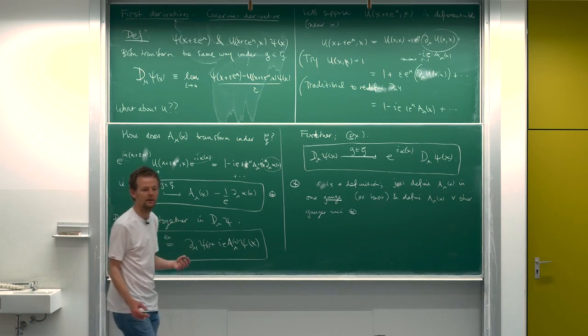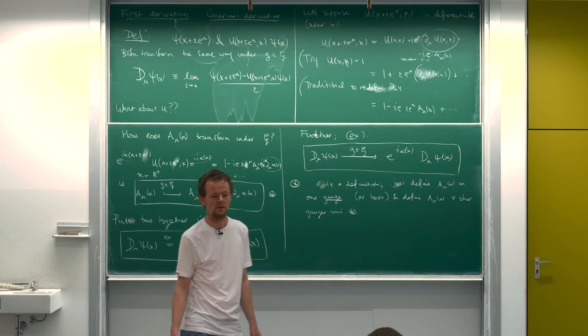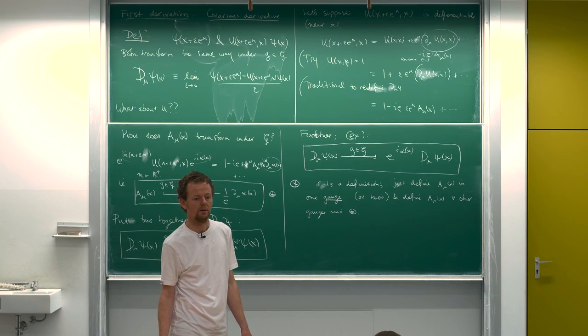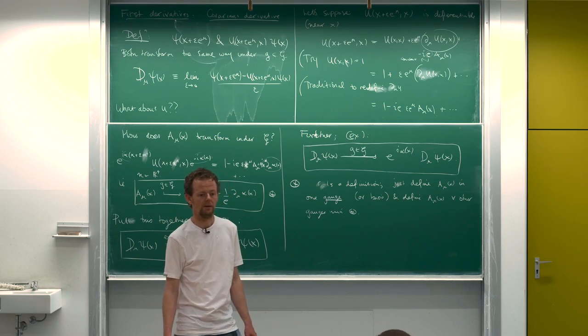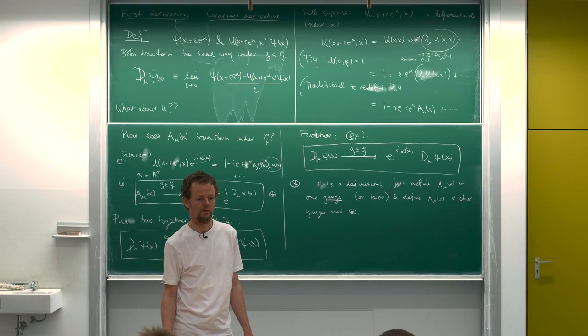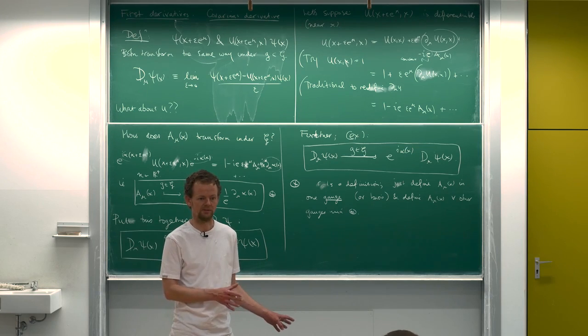A question: we said that this A is defined with the help of U, and we know that U is the parallel transporter. Couldn't we get the A from the mathematical structure of the parallel transporter? Yeah, we could, if we had a parallel transporter to begin with.